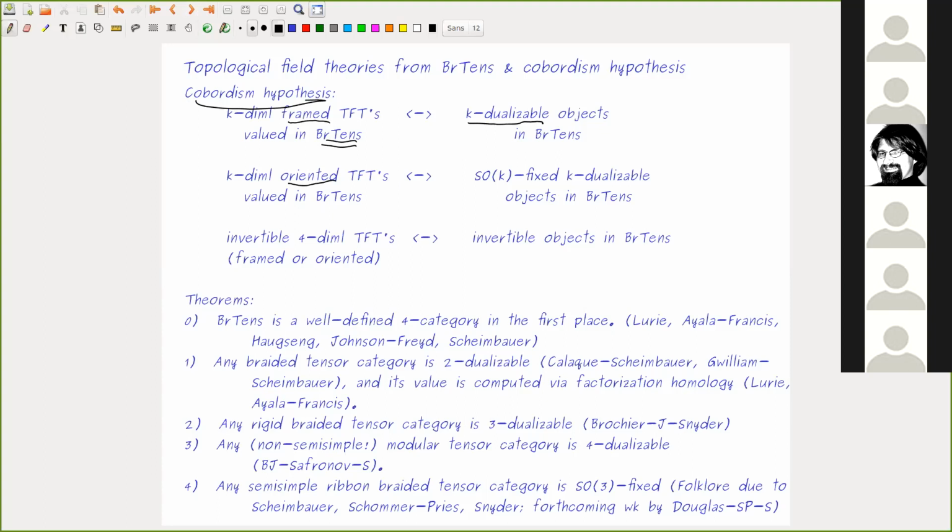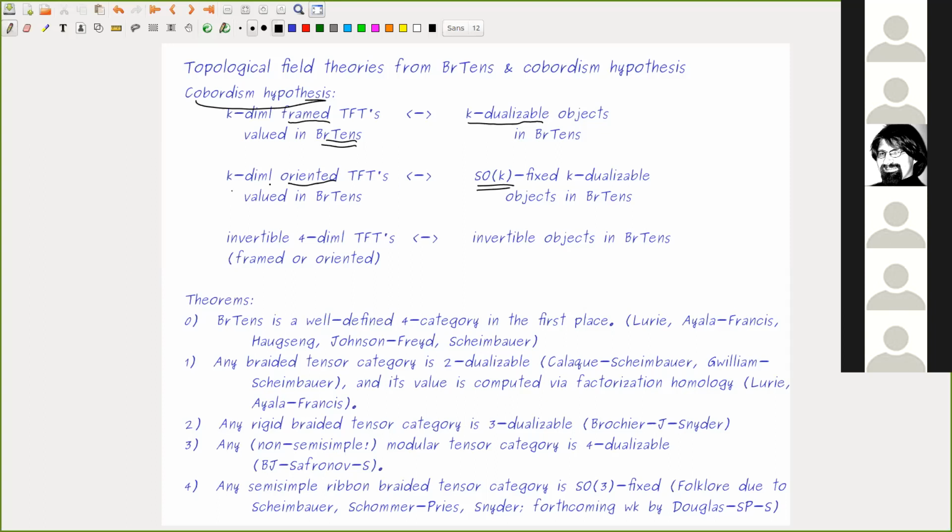And then if we want that to be oriented, then there's a group action by the group of framings, and we need to be equivariant for that group action. And if we can find that structure, then we get an oriented TFT.